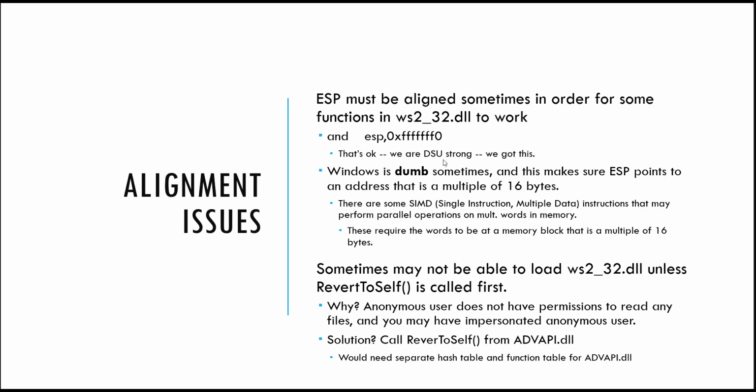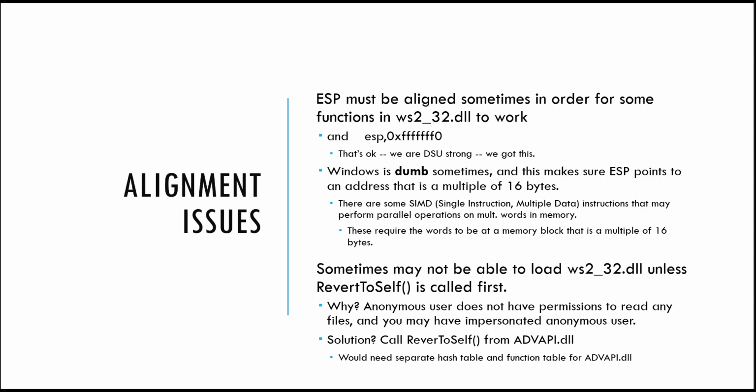So the way that we can do that is this simple instruction right there can fix our alignment issue. In particular for WS232, which I think stands for WinSock 232. Don't quote me on that.